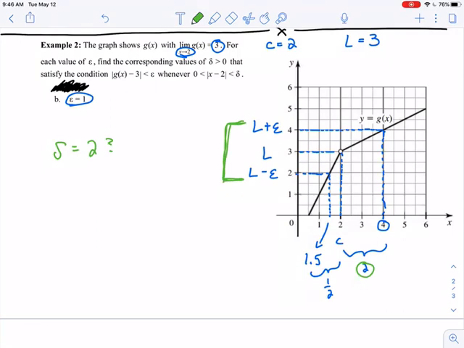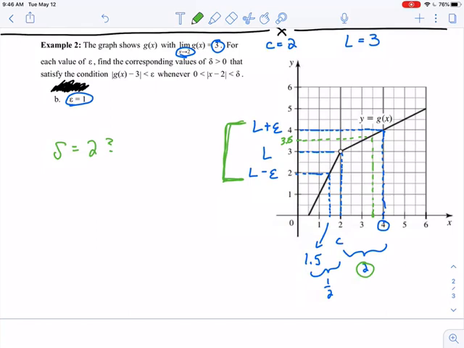So if you pick a number on the right-hand side of 2, that's within 2 units, right? If I took, let's just say 3.5 right here, plugged that into my function, that's not going to be a problem. That lands us between L minus epsilon and L plus epsilon, at about 3.5.